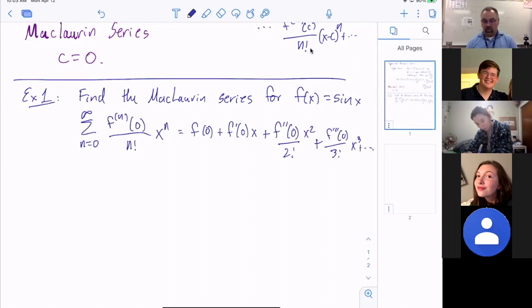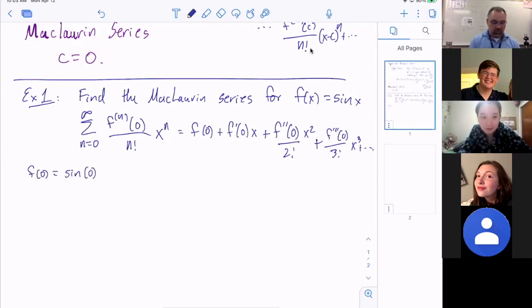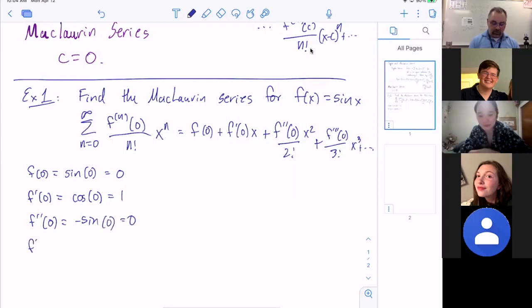Well, f of 0 is sine of 0, which is of course 0. Now f prime of 0 is cosine of 0, and we know that's 1. F double prime of 0 is negative sine of 0, which is 0. And f triple prime of 0 is negative cosine of 0, which is negative 1.